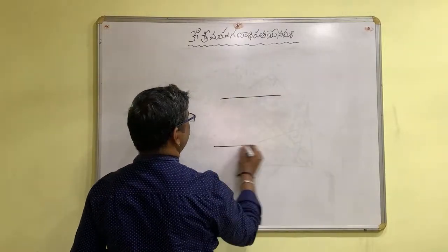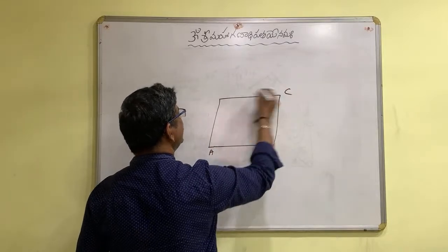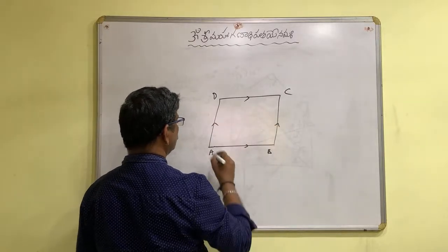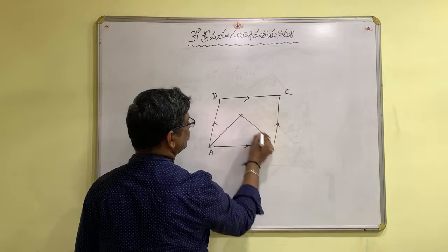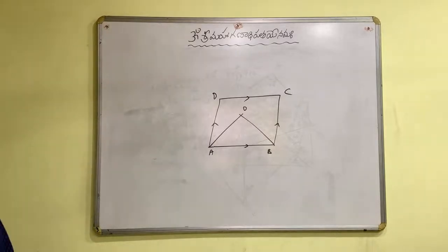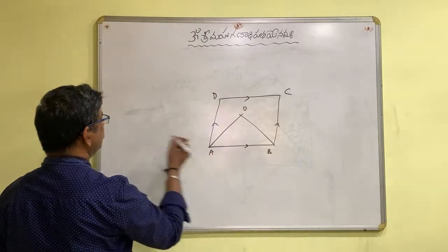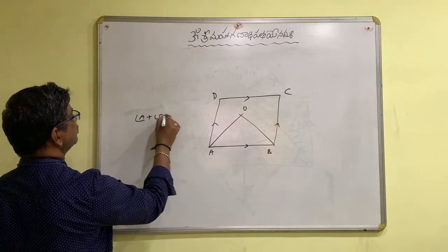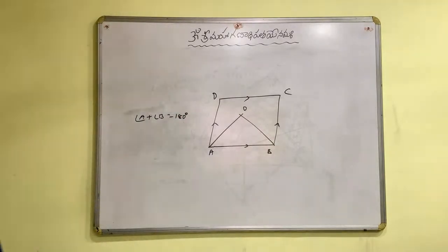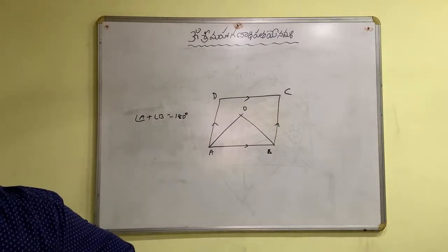Consider a parallelogram ABCD. Bisector of angle A, bisector of angle B intersect at O. We know that angle A and angle B are adjacent angles. Since ABCD is a parallelogram, sum of any two adjacent angles is 180.